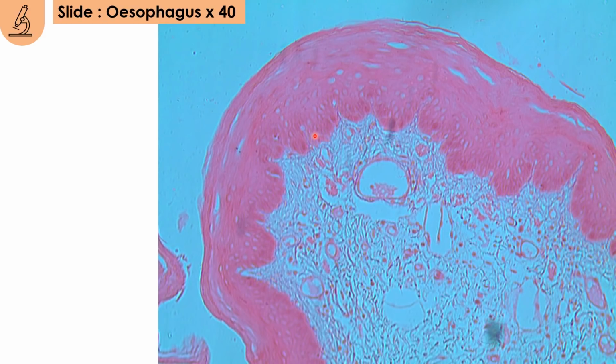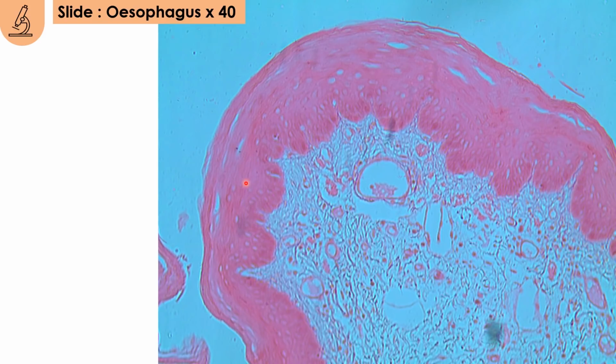These are the basal cells. I'm sorry because the picture is not very good, but usually using the microscope you can see it more clearly. The basal cells are usually columnar or cuboidal.